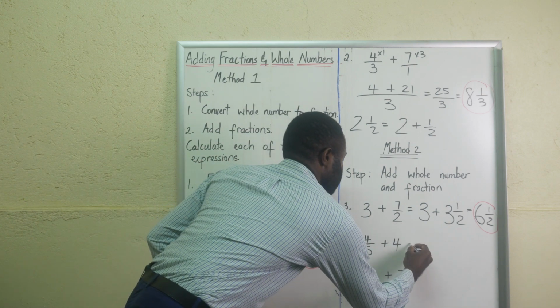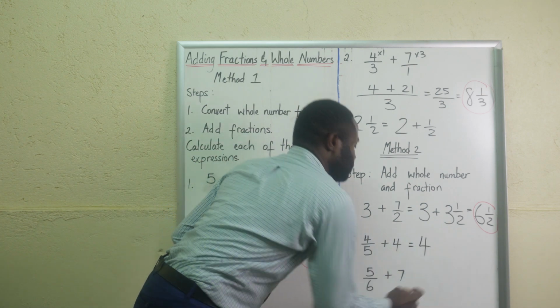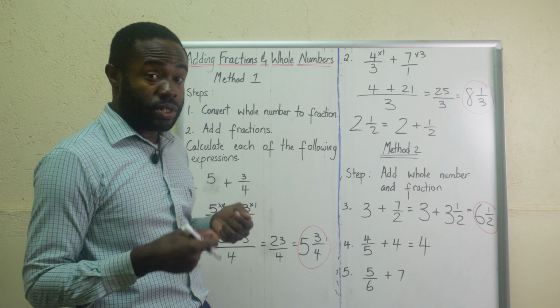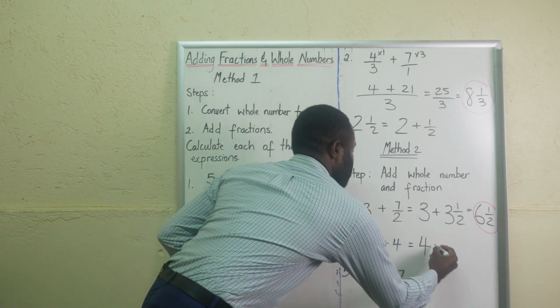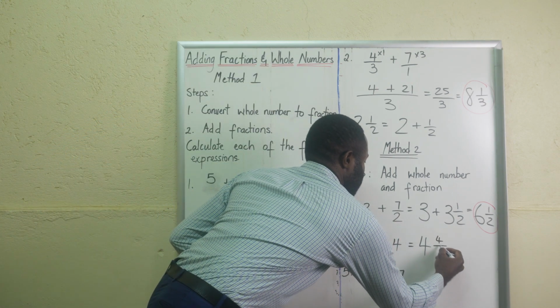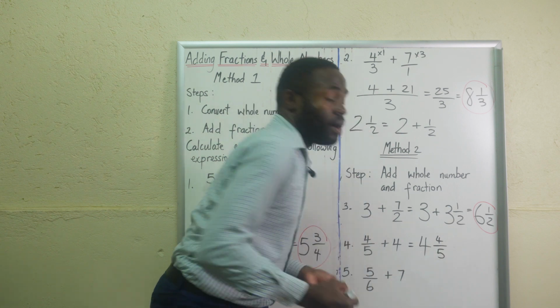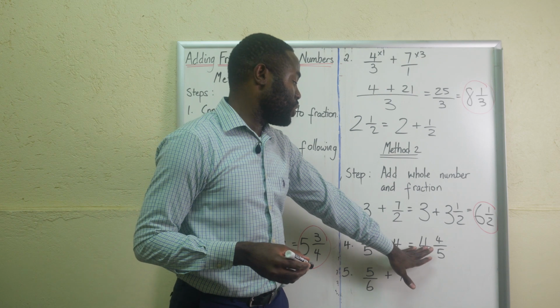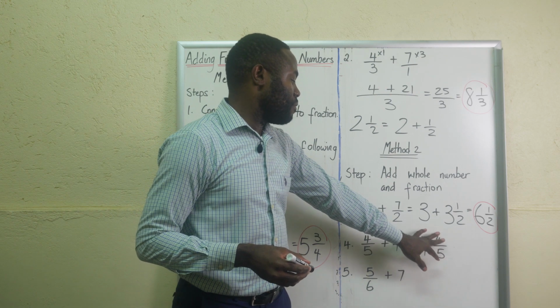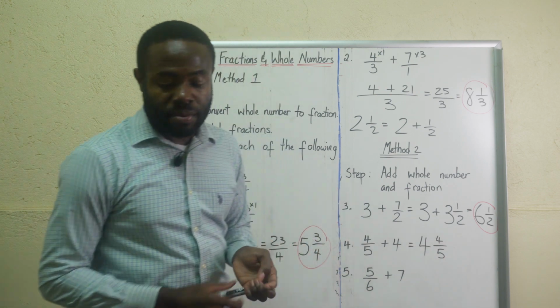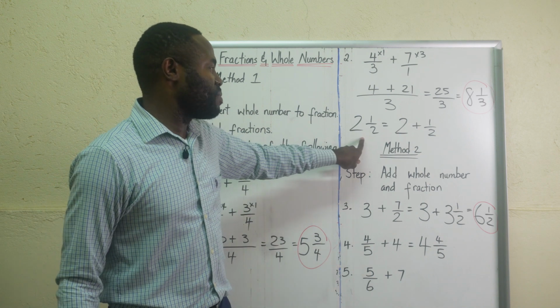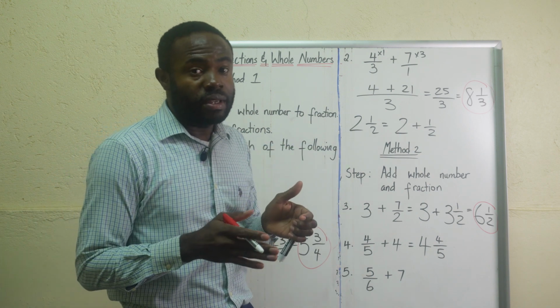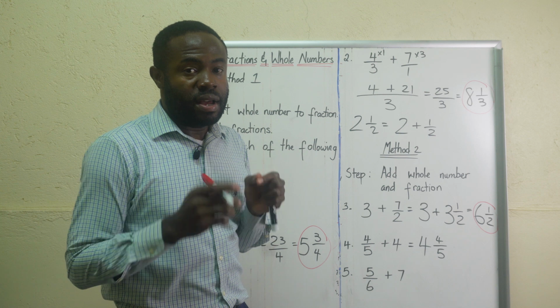So we do that by simply putting down our what? 4, which is our whole number, and then we merge it now with the common fraction, or the fraction given. So our answer to this question would just be 4 and 4/5. Remember guys, a mixed number is just a combination of a whole number and a common fraction.